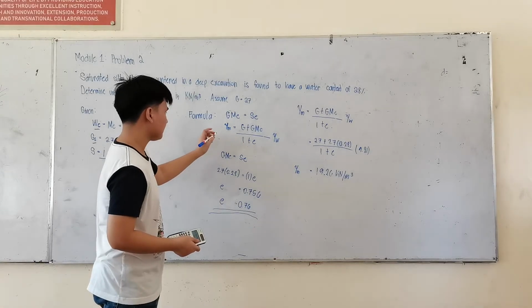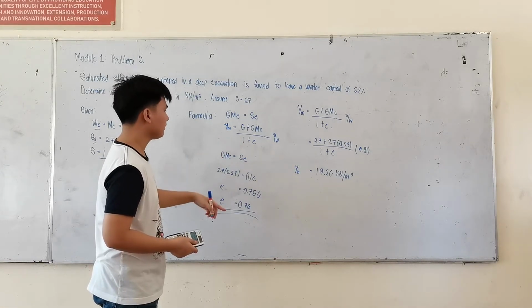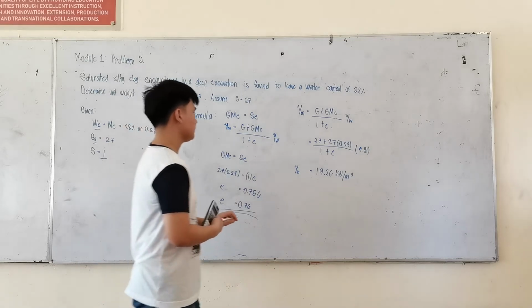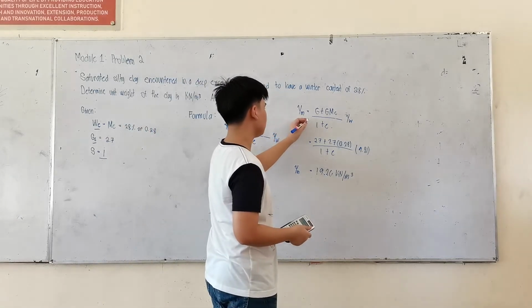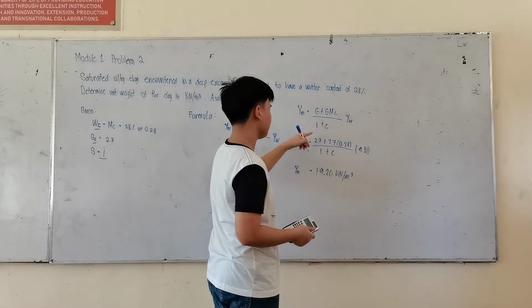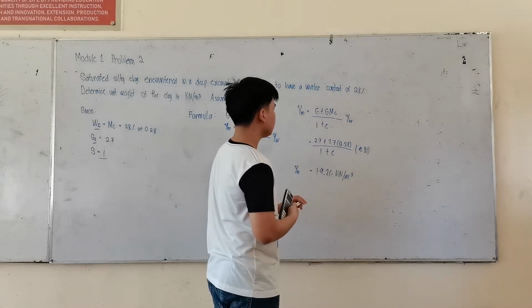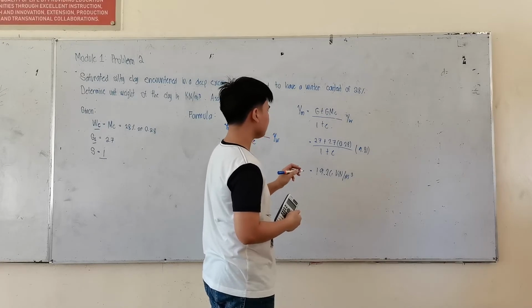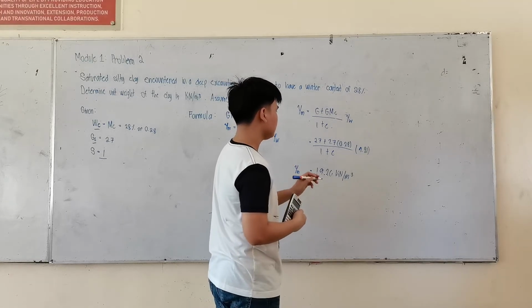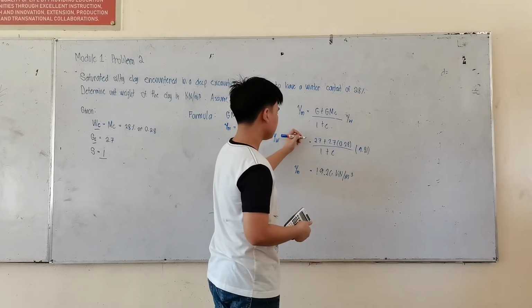Then, using another derived formula of moist unit weight, which is the moist unit weight equals the specific gravity plus the specific gravity multiplied by the moisture content over 1 plus void ratio, multiplied by the unit weight of water.